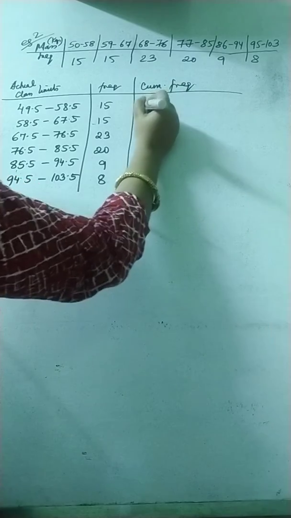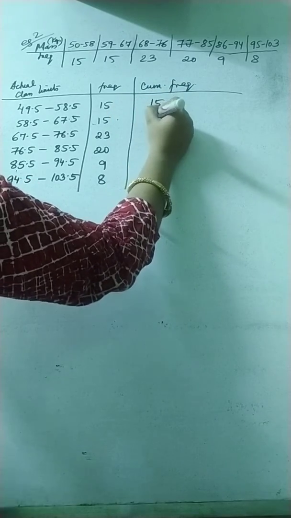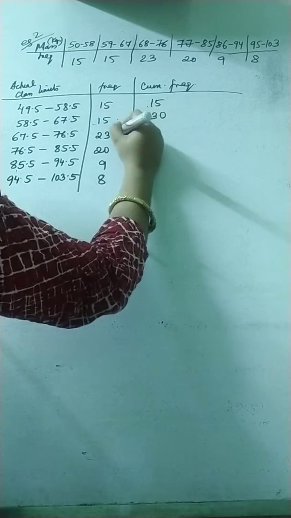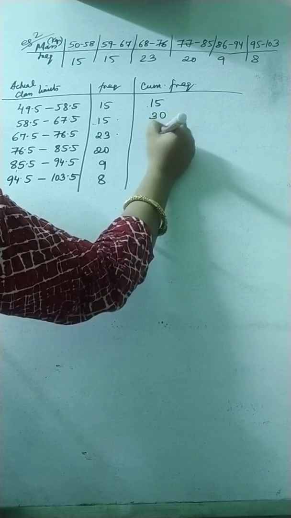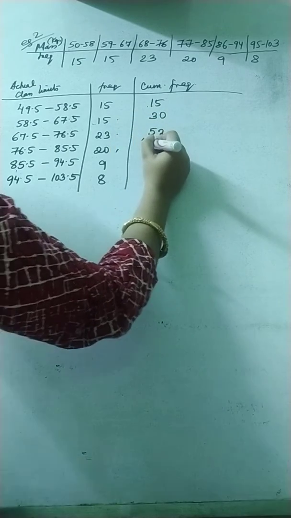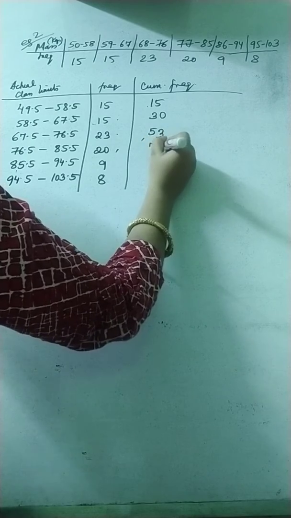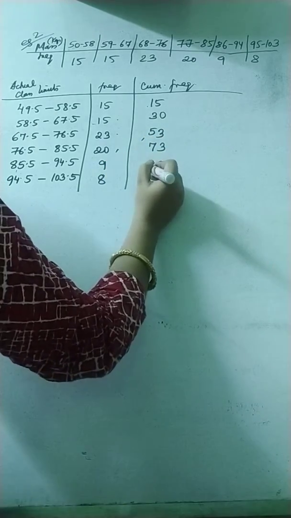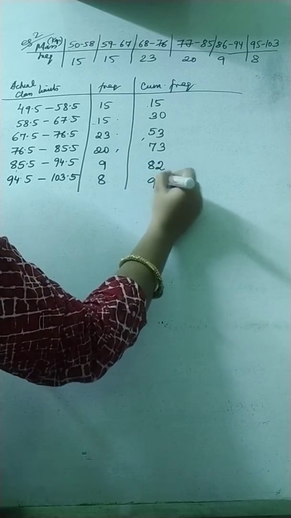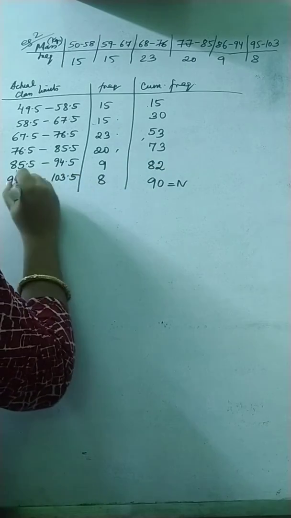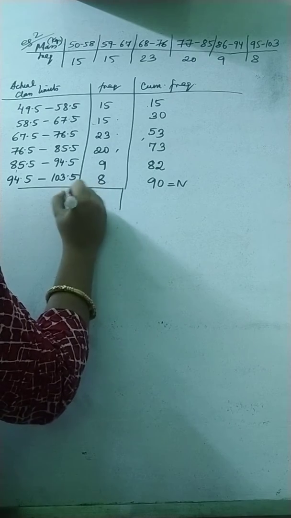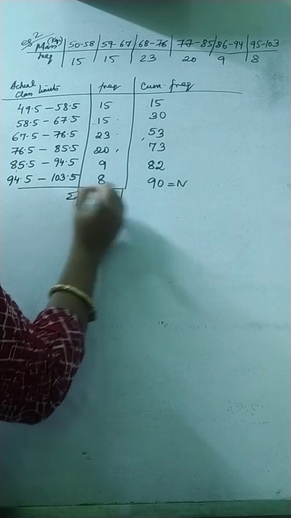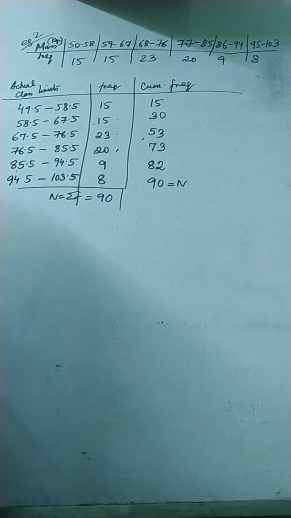This will be 15, 15 plus 15 makes 30, 30 plus 23 makes 53, 53 plus 20 makes 73, 73 plus 9 makes 82, 82 plus 8 makes 90. This is your n. Check and see that summation f is also 90. You can add and see.